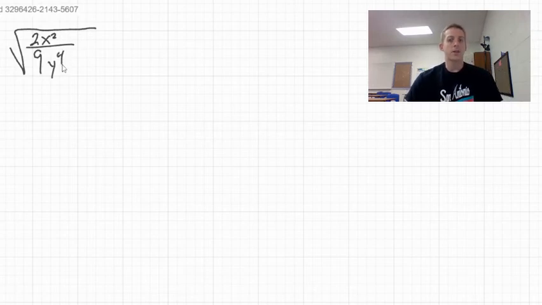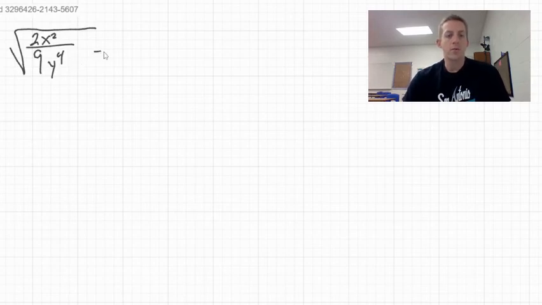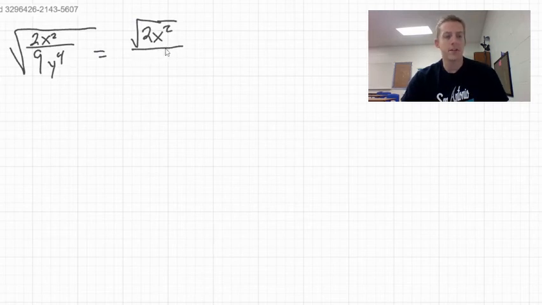So here we're actually going to use two rules. Which two rules are we using? Well, first we're going to use the quotient rule. So let's break this apart. It's going to be square root of 2x squared, all over, divided by, ooh, got a phone call, but I don't need to take that. So it's going to be square root of 9y to the fourth.